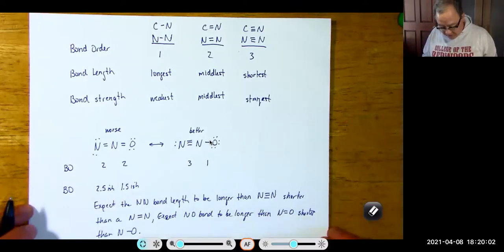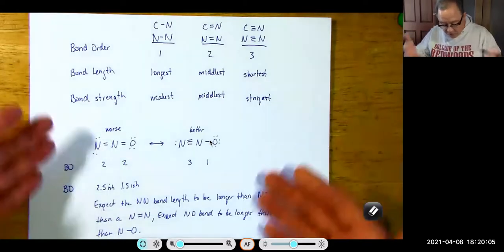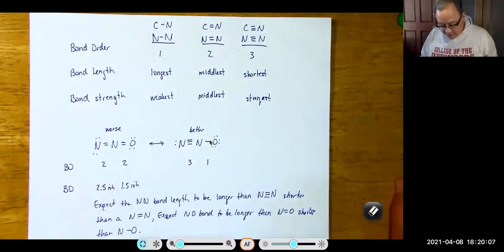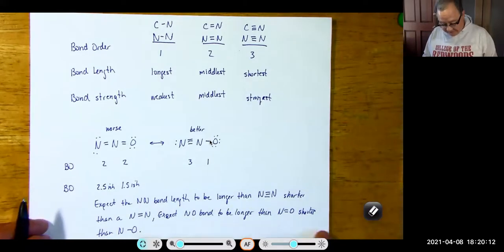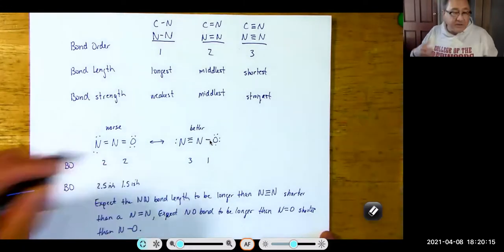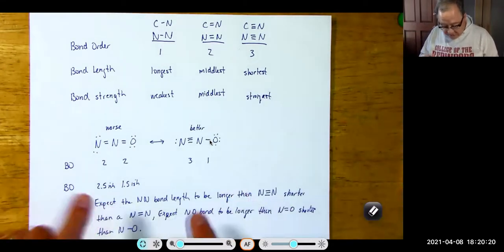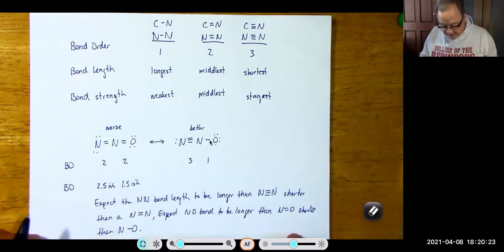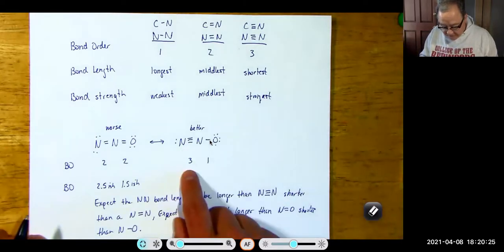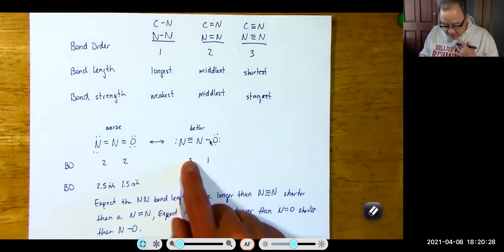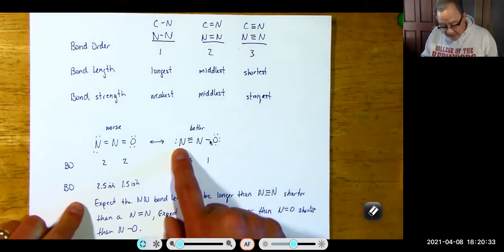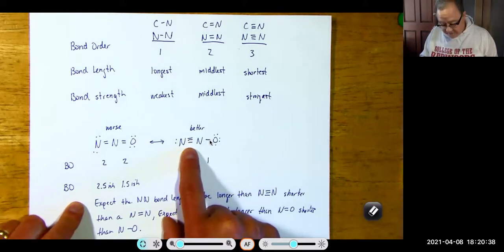And so this is one of those things where you don't really place a whole lot of trust in your ability to figure the actual bond length. And so you end up saying this kind of stuff, that your expectation is going to be longer or shorter than this. Now, last night I was explaining that maybe the reason this one is closer to a triple bond is because if you take a look at this nitrogen on the left, it's got the number of bonds it likes to make, 3.